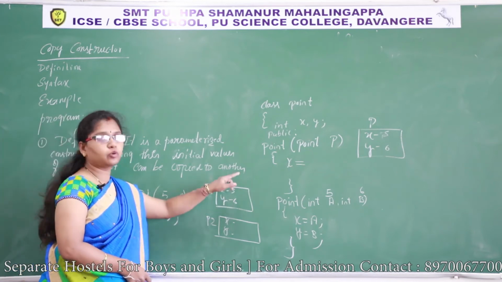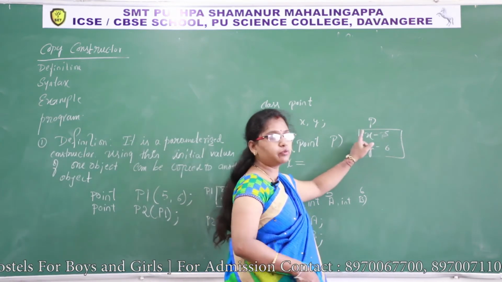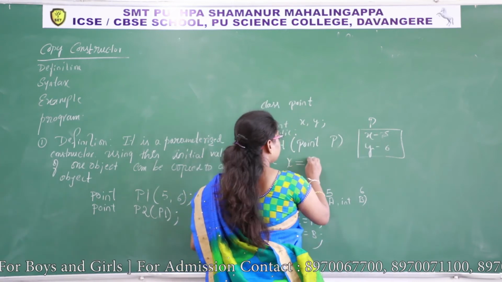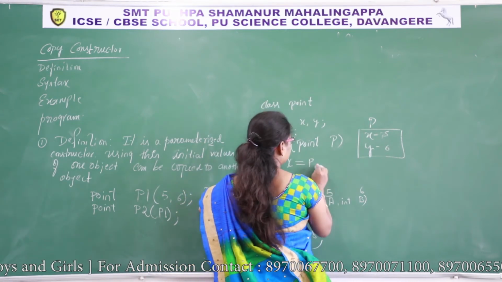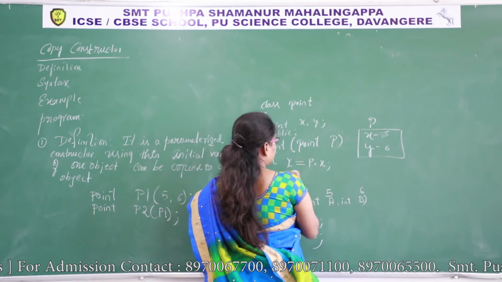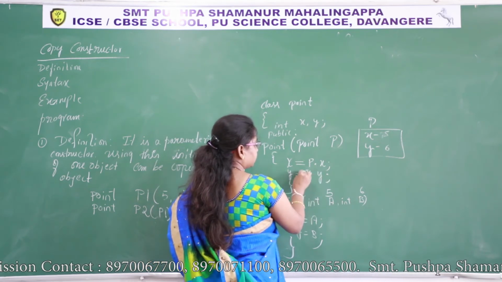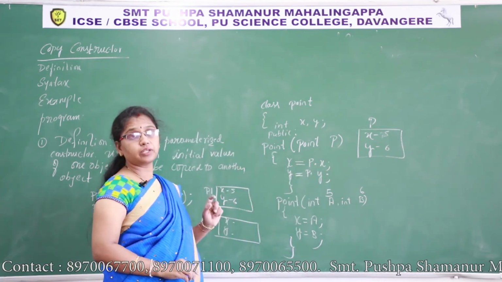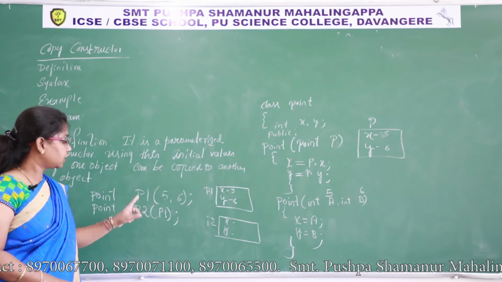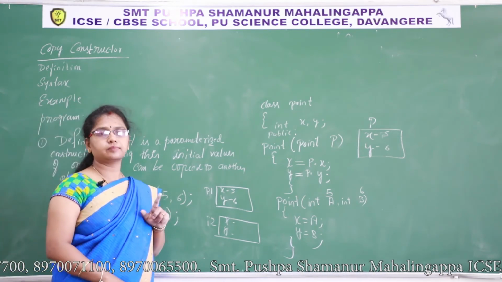P1's x value I am going to copy, but P1 values are copied to P. Now I have to use P. I should not use this name P1. I must use P. P dot x. Here y is equal to P dot y. So this is the way to initialize the data members of an object with the help of a copy constructor.